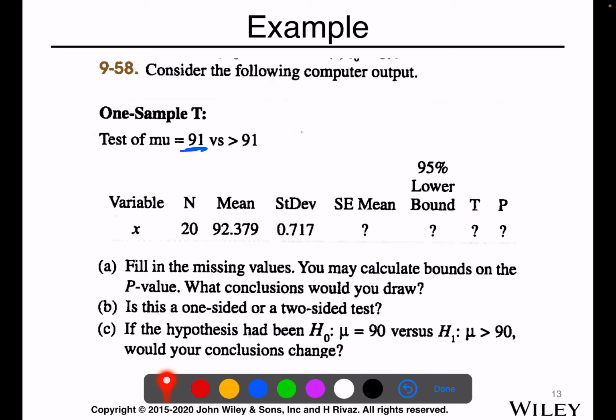So they wouldn't, right? It's even worse because here it was 91 and we rejected the null hypothesis that mu is 91, right? Now we are even reducing mu to 90, so of course we reject the null hypothesis again. The conclusion will not change because this is now even further from the x bar that we found.